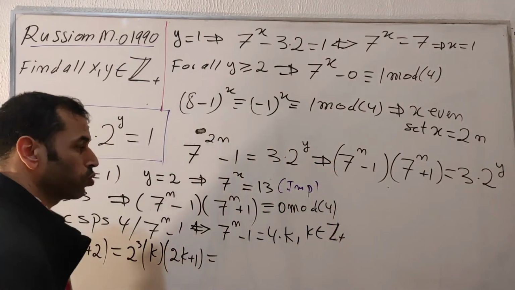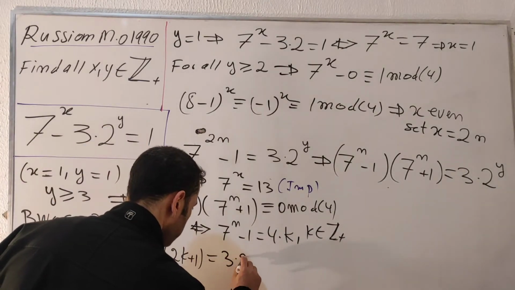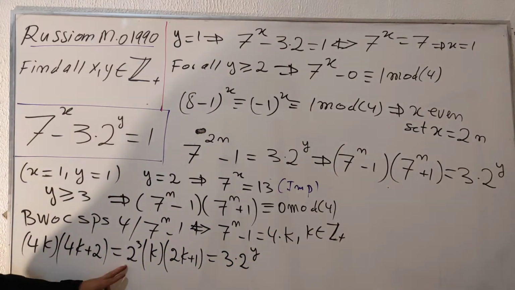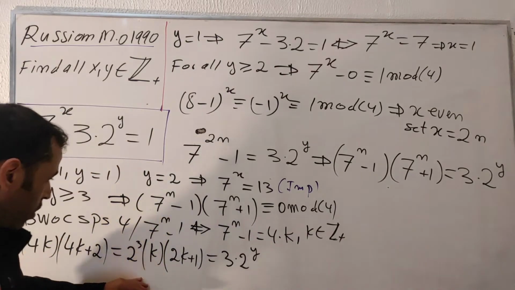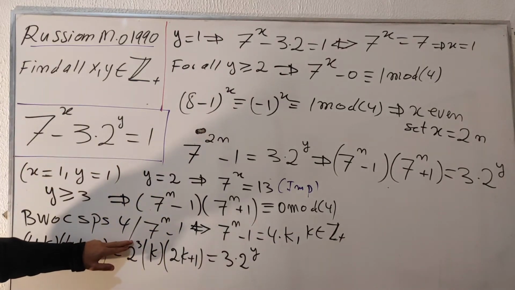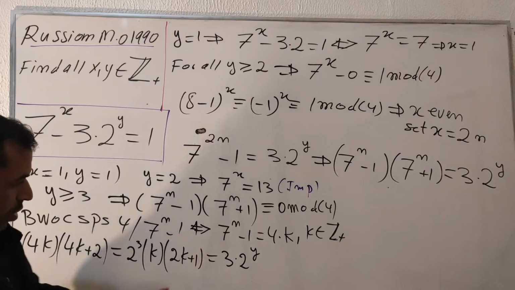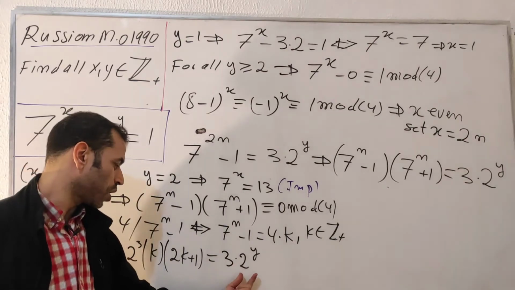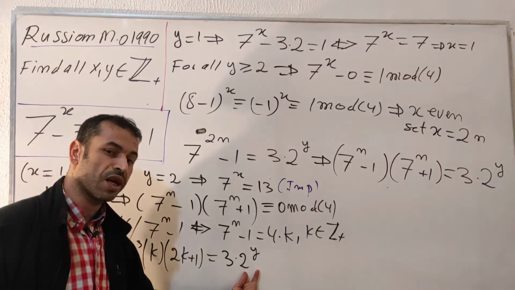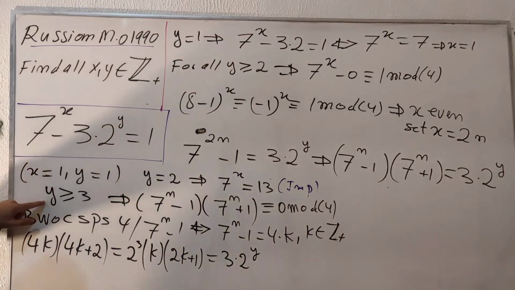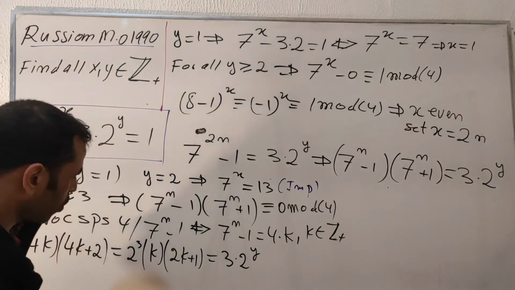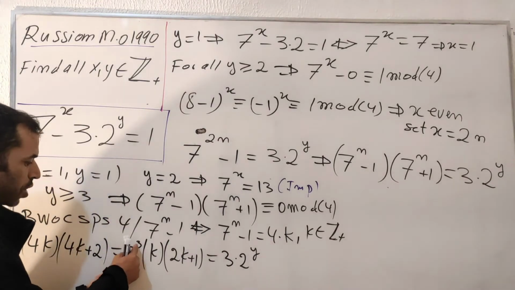3 multiplied by 2 to the y. This is the reason why I'm reducing this to mod 4, not mod 8, because I'm going to divide both sides by 8 here. I want to keep this as an integer. If I use mod 8 here, while we have y greater than or equal to 3, I will have more: the exponent is growing.